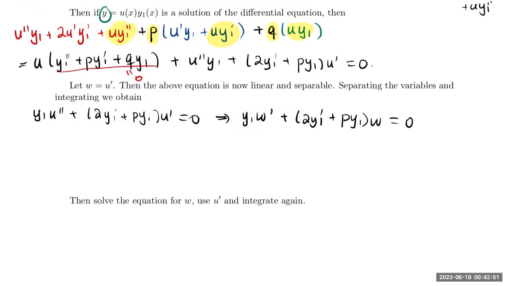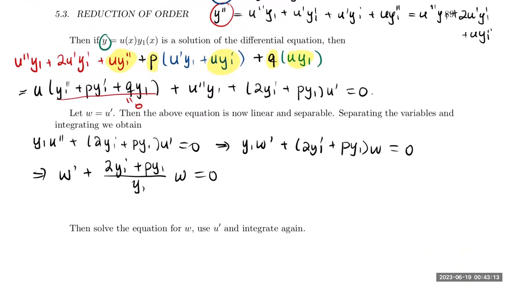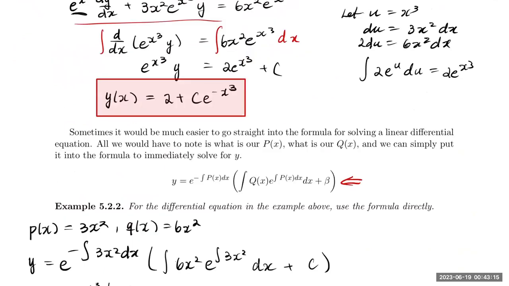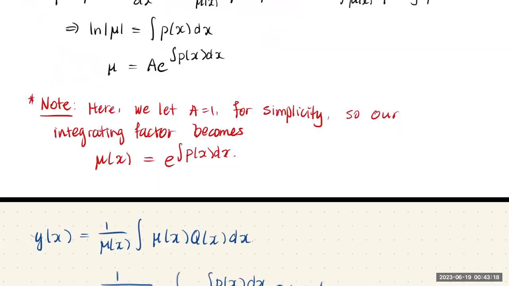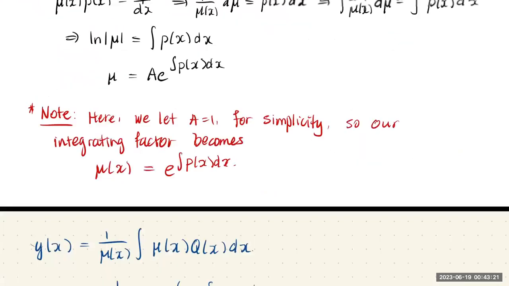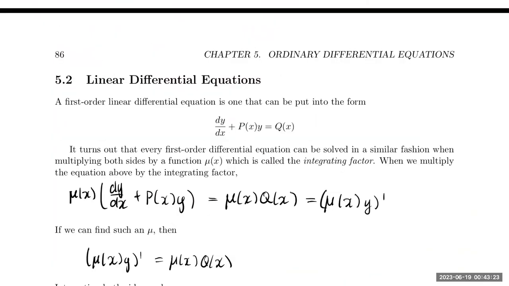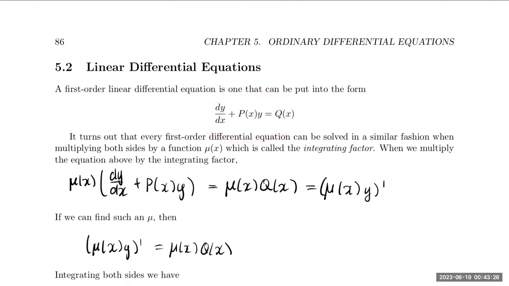So if we divide both sides by y1, what we get is w prime plus 2y1 prime plus py1, divided by y1, multiplied by w equal to 0, using the differential equation formula that we had talked about in the previous lesson. So we have a differential equation of this form over here. In this case, our q of x is going to be equal to 0, right?